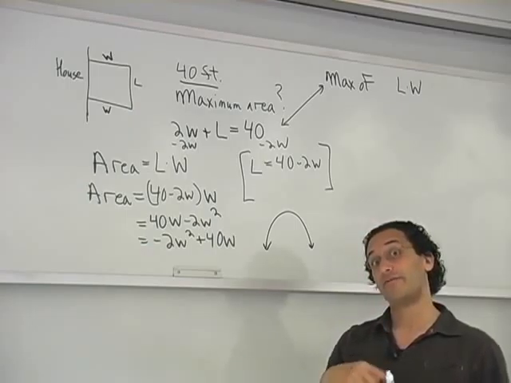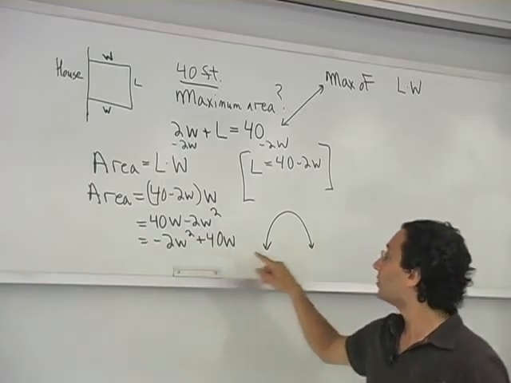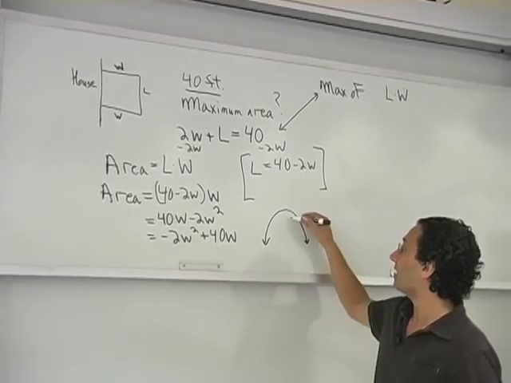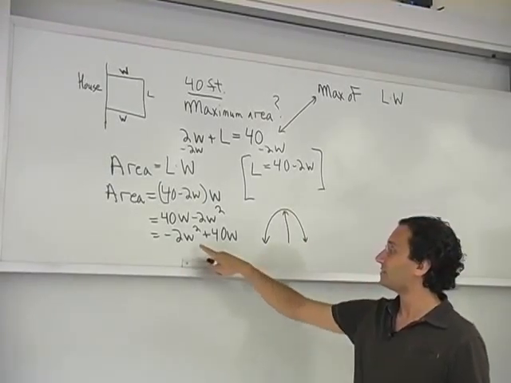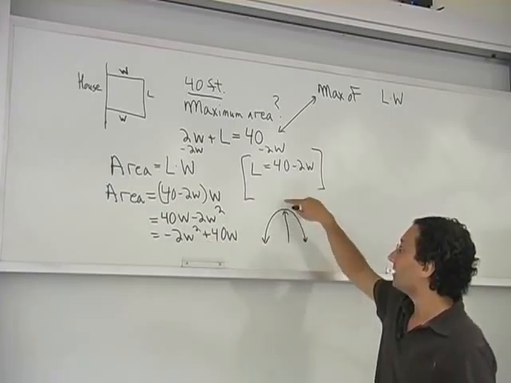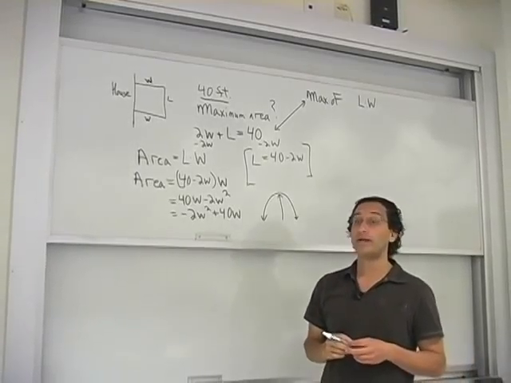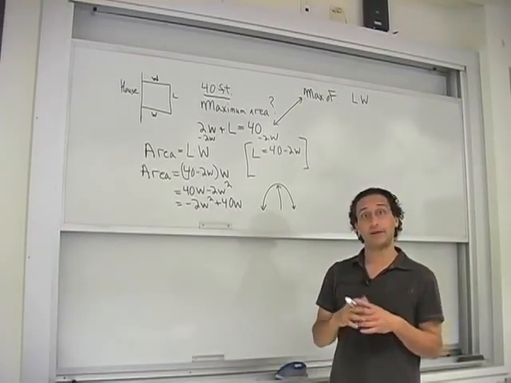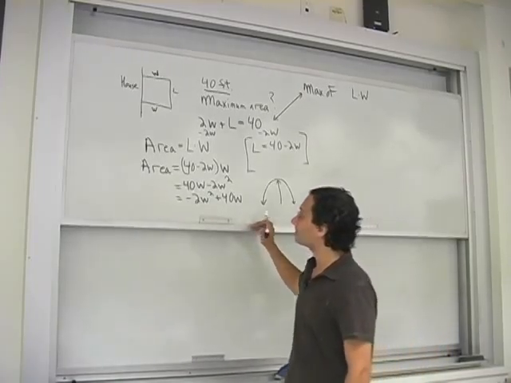I want to try to find the maximum of the area. So where do I need to go on this parabola? I need to look at its vertex. I'm going to ask myself what W value gives me the maximum vertex, which is another way of saying what is the W coordinate. Typically, we had been using X, but the W coordinate for the vertex. How do we find that?